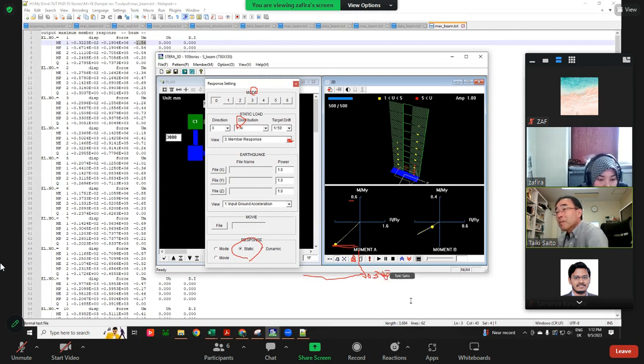I mean, but now it is 0.2. Yes. Almost 60% of the capacity. So even if the activity factor is more than 1, the beam is not yielding yet. No, this is a reason.